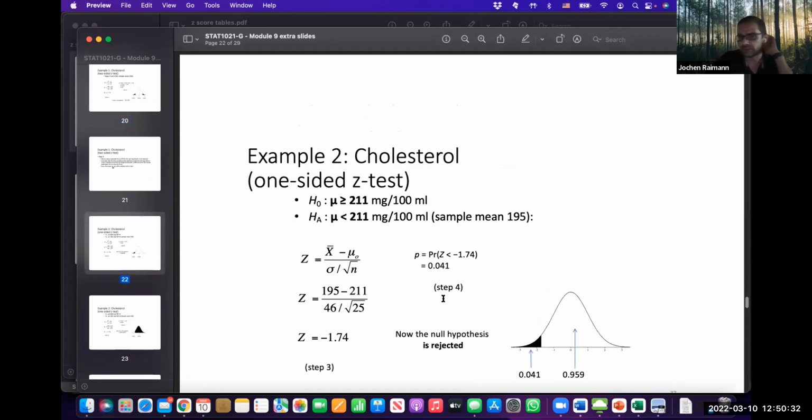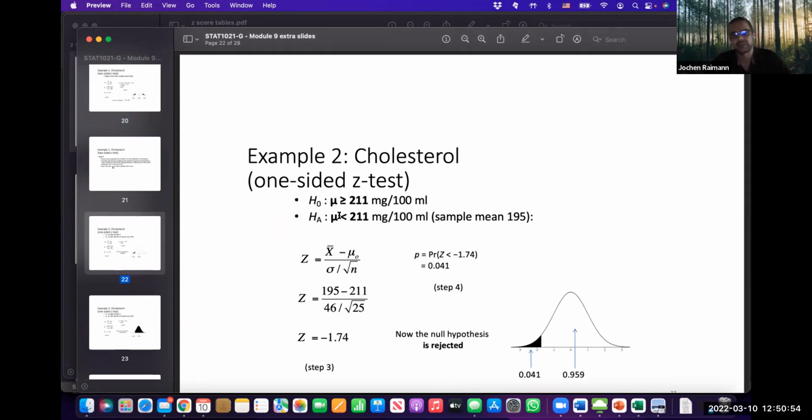Now with the one-sided test, it gets a little bit trickier because you need to build your rejection region according to your one-sided hypothesis. This is where it's getting a little tricky, I have to admit. You have to look at what your null hypothesis is and what your alternative hypothesis is.